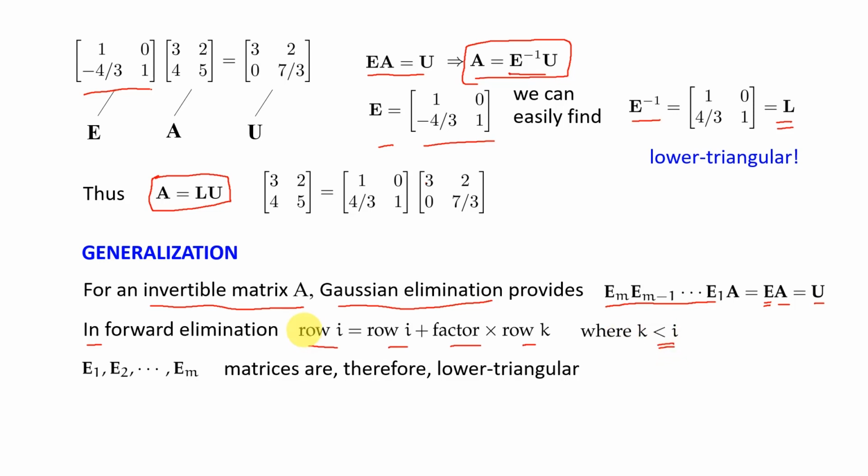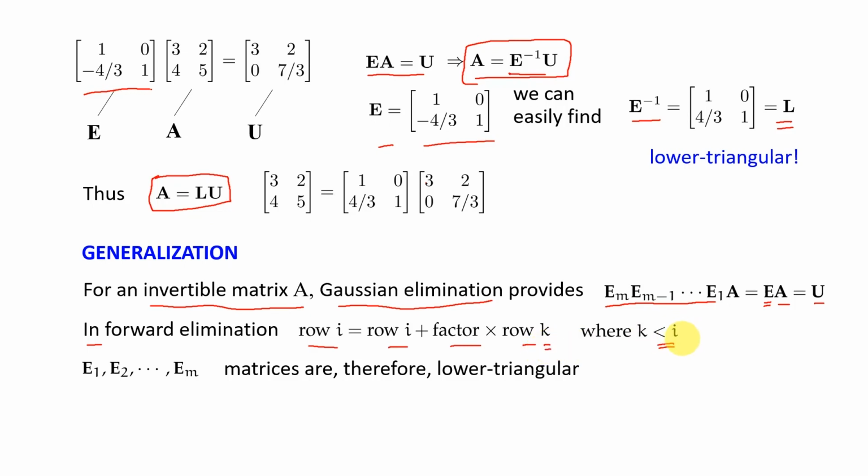Let's say that in forward elimination we start from 1 as my pivot. So A11 is my pivot element. When I am operating over row 2, it should be row 2 plus a certain factor multiplied by row 1. So this k is always less than i.